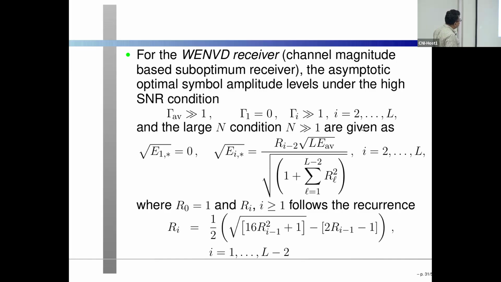So that ratio actually satisfies a nonlinear recurrence, of first order, starting with R0 equal to 1. And the root of the first level is 0 and the subsequent levels are given in terms of RIs. You can easily calculate, once you know the recurrence and start with R0, you can calculate everything and all the levels in terms of E average, not a problem.